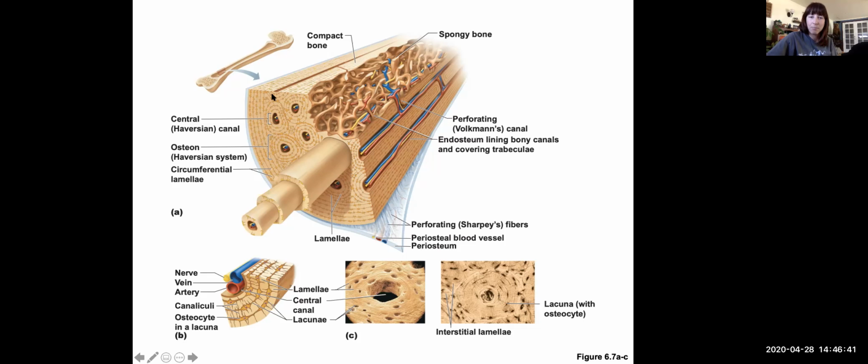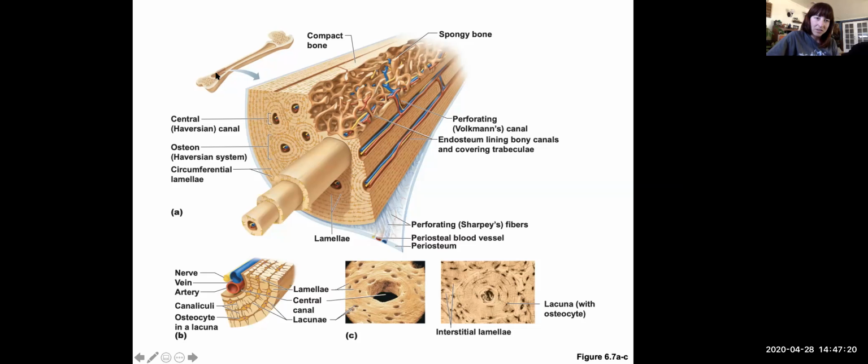So the different osteons share blood vessels this way. The perforating canals are also how the blood vessels reach the outside of the bone, all the way into the spongy center of a bone.